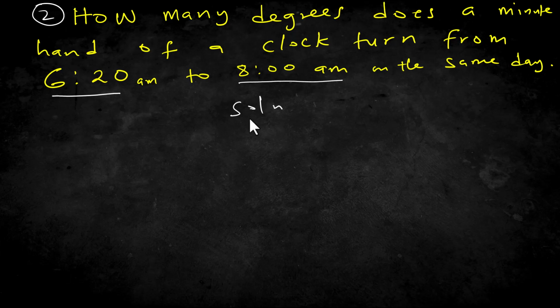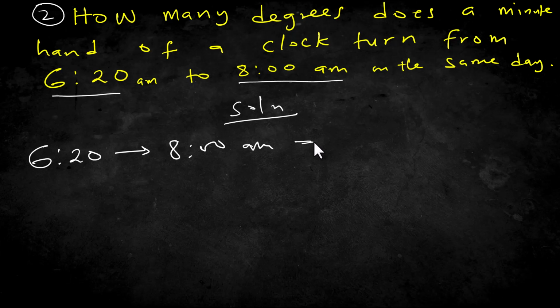So from 6:20 to 8 o'clock a.m., how many minutes? We have 1 hour 40 minutes.